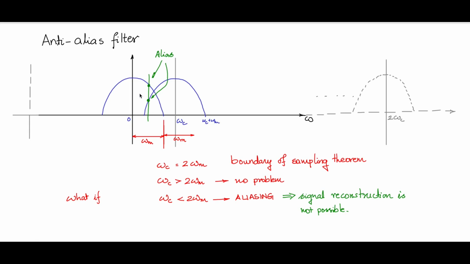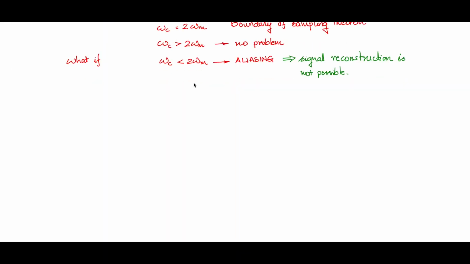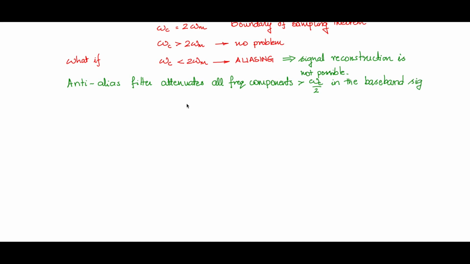The modulating signal should not have any frequency components beyond omega c by 2. If it does, it should be attenuated. That is the job of the filter. So if I consider an anti-alias filter, it will attenuate all frequency components greater than omega c by 2 in the baseband signal or the modulating signal.